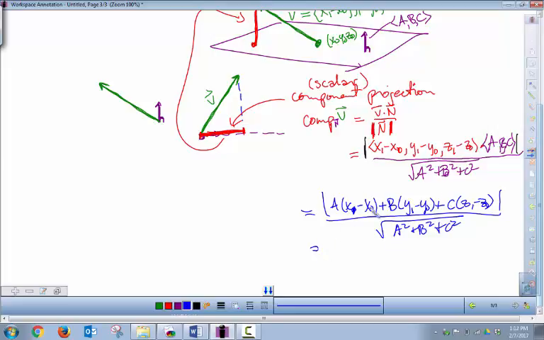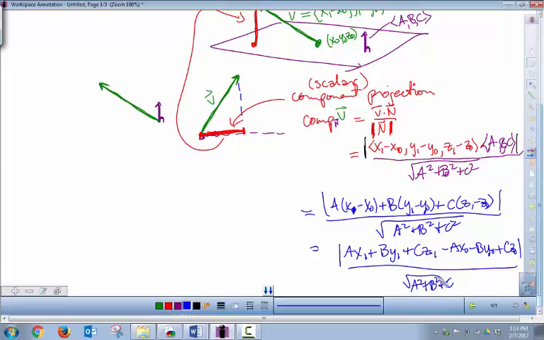And then we could separate these to ax1 plus by1 plus cz1 minus ax0 plus b... minus... So I distributed the A, B's, and C's, and then I regrouped them so I have all the x1, y1, z1 together, x0, y0, z0 together, and so it's separated like this.